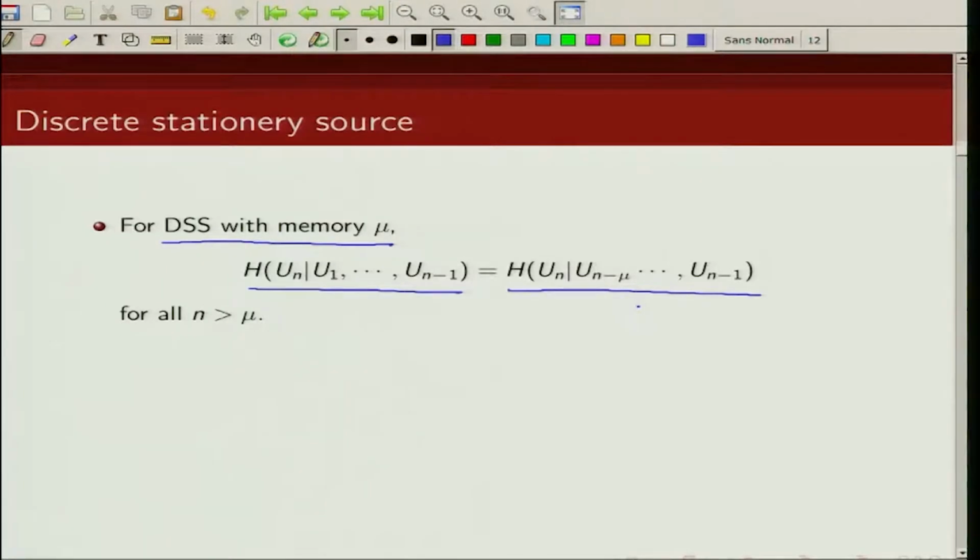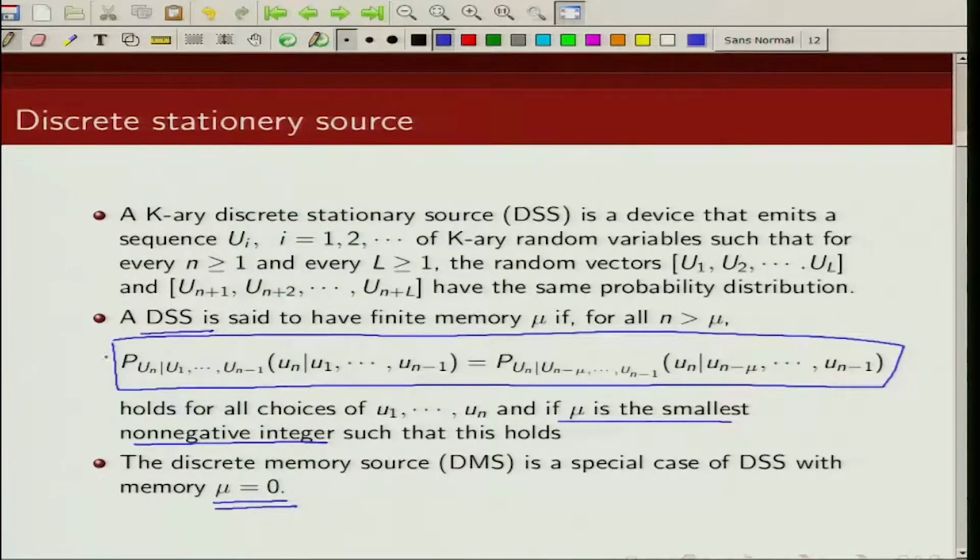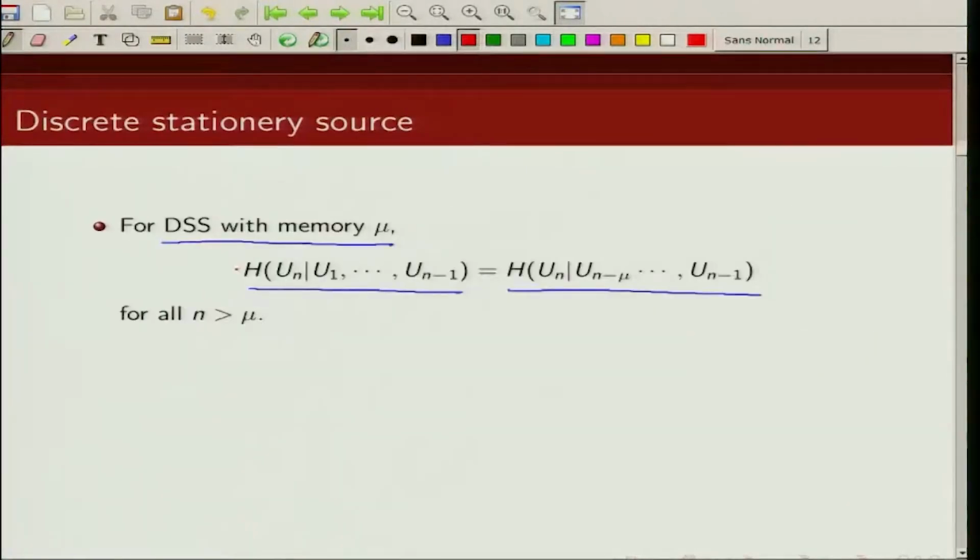This follows directly from the property we stated earlier, that a discrete stationary source of memory mu satisfies the condition that the probability of Un given U1, U2, up to U(n-1) is the same as the probability of Un given U(n-1), U(n-2), up to U(n-mu).